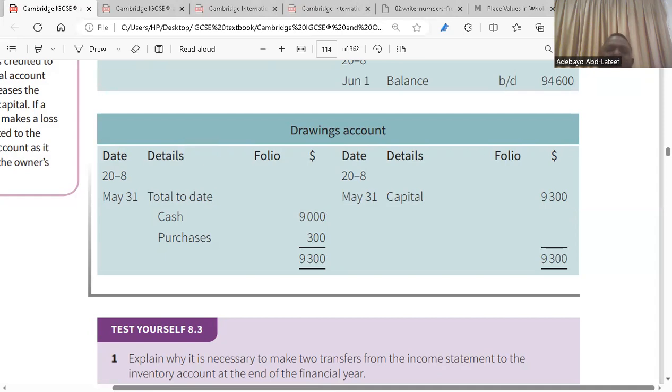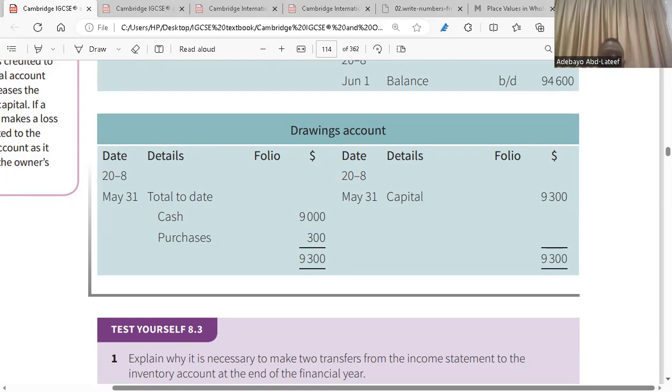The drawings account is just the analysis of how the owner of the business has taken whatever he takes for own use from the business. So it's not just 9,300. How did he take cash of 9,300? No, the owner of the business took cash of 9,000 and goods of 300, because the goods the owner took will be recorded as purchases. Do you understand?